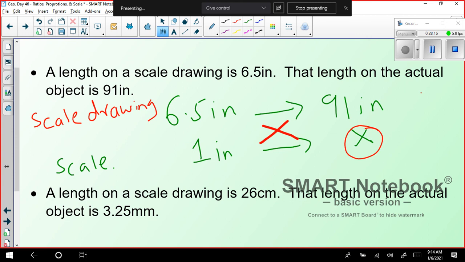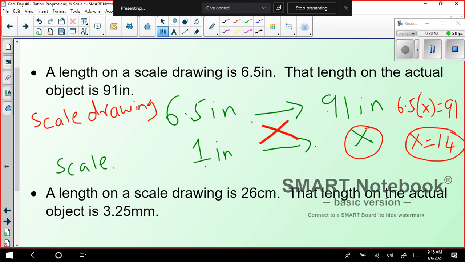So I'll have 6.5 times x, because these are the two ends, equals 91, because 91 times 1 is 91 itself. Dividing by 6.5 on both sides, 91 divided by 6.5 gives us x equals 14.